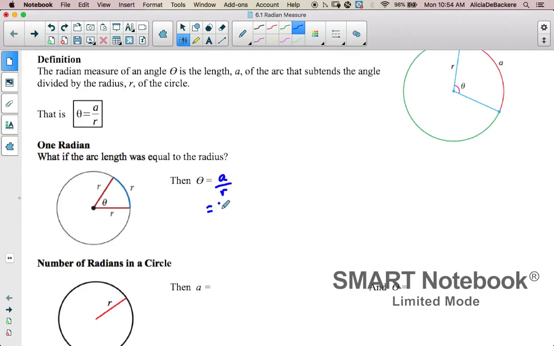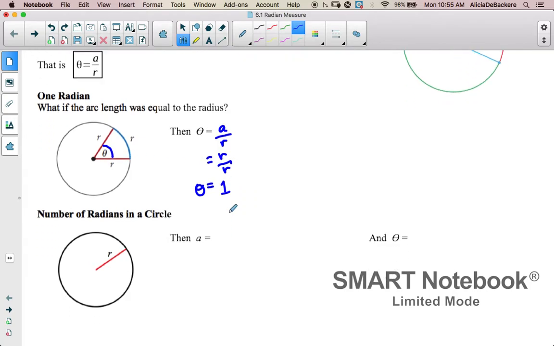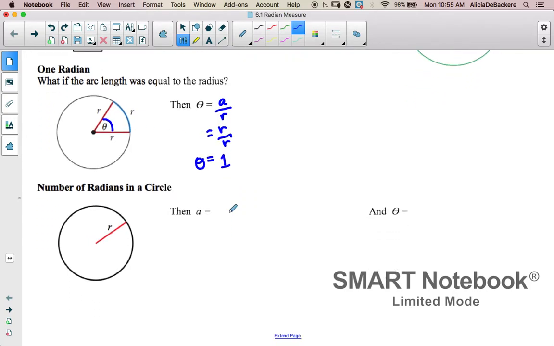But now the arc length is just the radius. And if I take any number and divide it by itself, that's equal to 1. So here, what does 1 radian look like? It looks like when I take a slice of pie and the arc length is the same as the radius, then this angle in here would be 1 radian. So it's kind of a pure definition, right? Because it would be the same for every circle, just the arc length being the same as the radius.